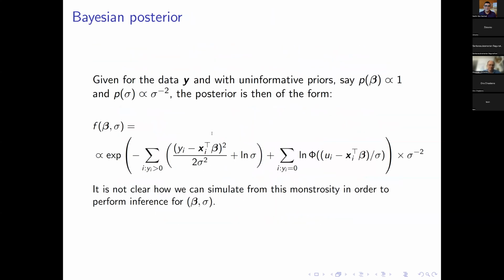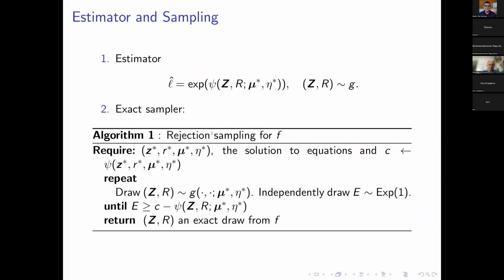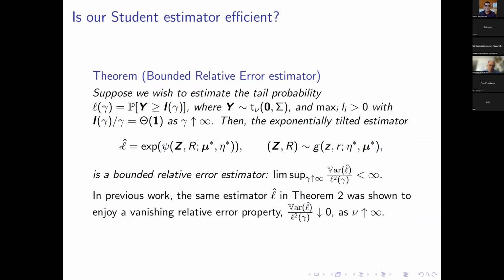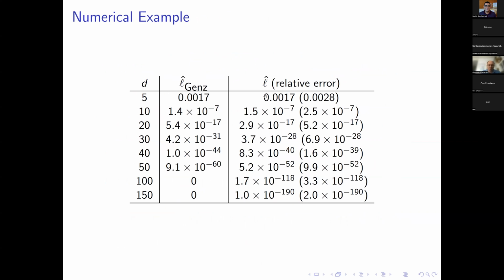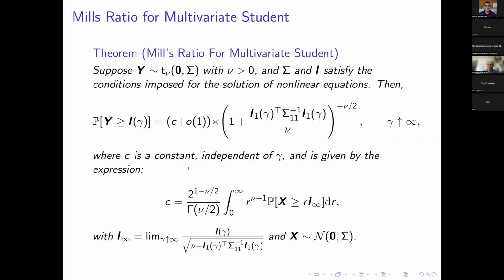The algorithm that I have described here, this estimator with this theoretical guarantee, is the current state of the art as far as I'm aware. There is no other method that can give you such accuracy as given on this numerical example. However, it is the state of the art maybe only when the dimension is small to medium.